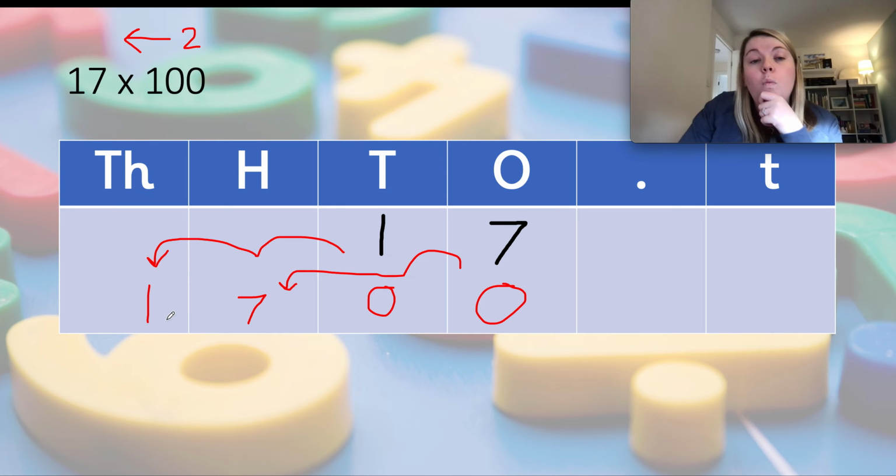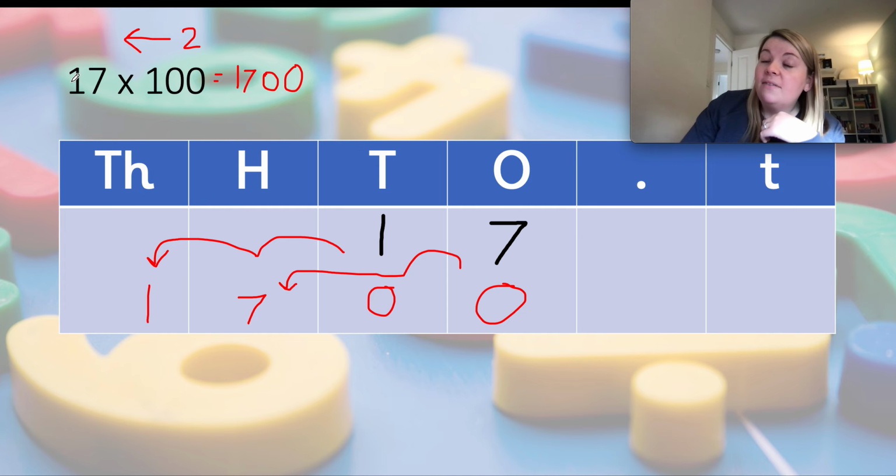So it becomes 1,700. So 17 times by 100 equals 1,700. Now this also means 17 groups of 100 is 1,700, and it means 100 groups of 17 is 1,700.